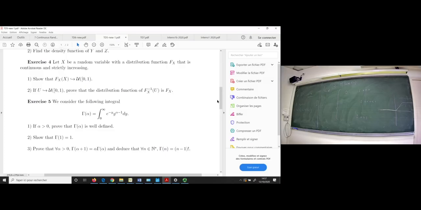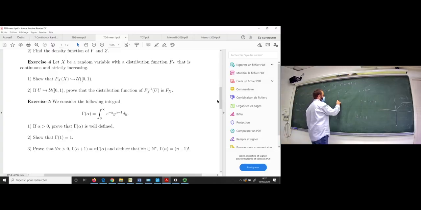Meaning that in this situation I can apply the inverse in the inequality and it won't change the side of the inequality. I apply F_X minus 1 on both sides, and I repeat, it doesn't change the side of the inequality because F_X minus 1 is strictly increasing.